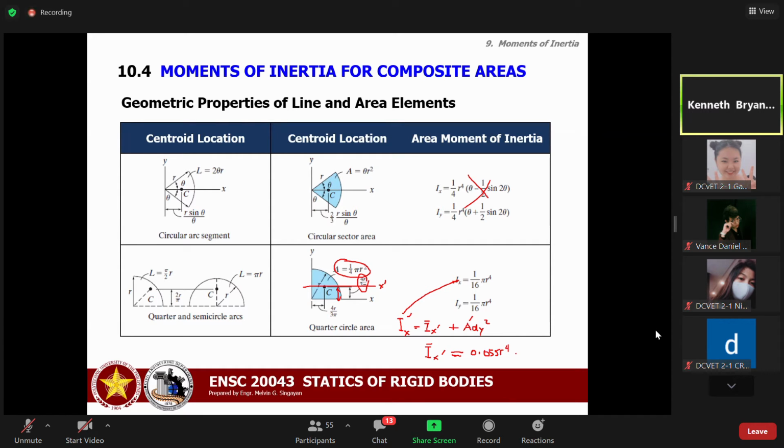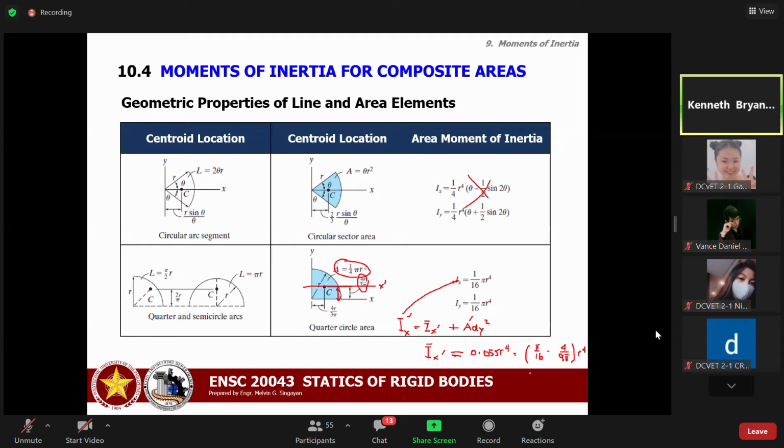Kung gusto mo ng exact, that is pi over 16 minus 4 over 9 pi, r to the fourth. So this is the centroidal moment of inertia for a quarter circle.